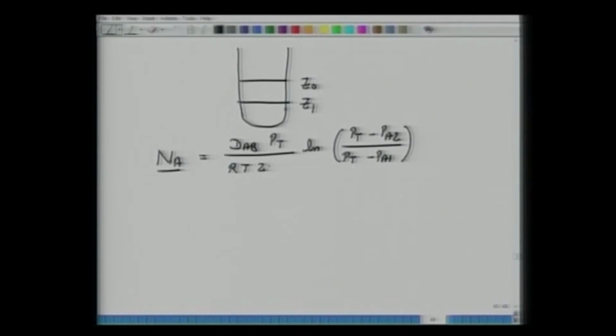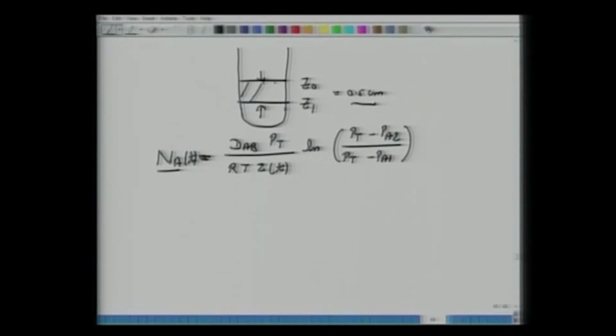Now we are saying that Z is also a function of time, and NA is also a function of time. That's a step where we have to be careful in applying this quasi-steady state. Here we apply it because the drop of 0.5 centimeter takes place over a very long time, and the diffusion rate is faster than the rate of decrease of the level.